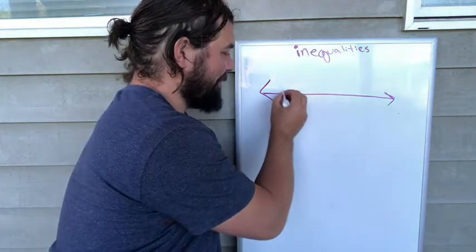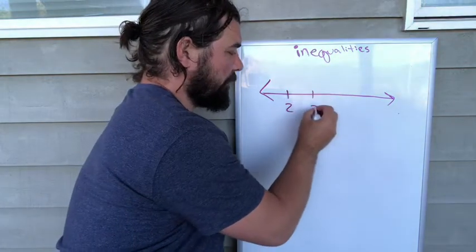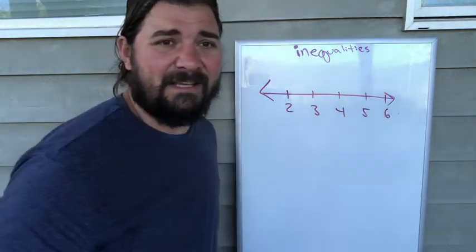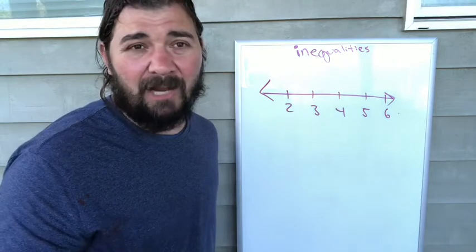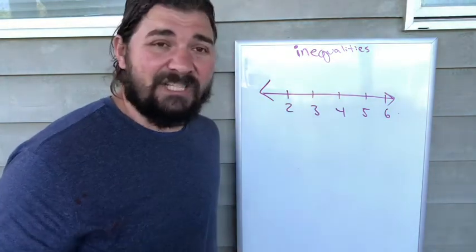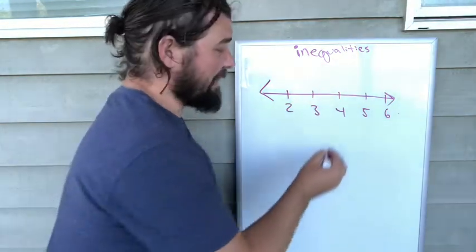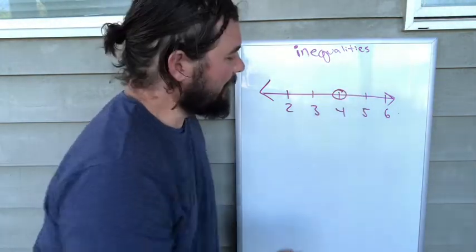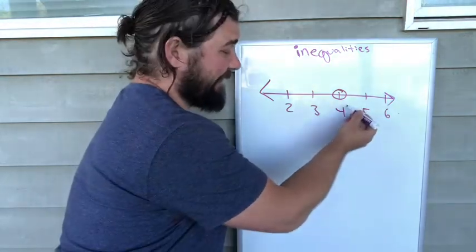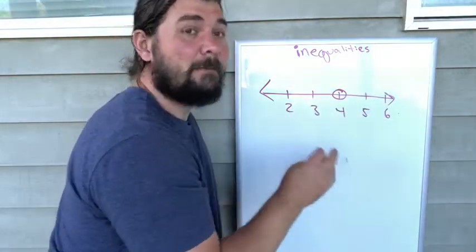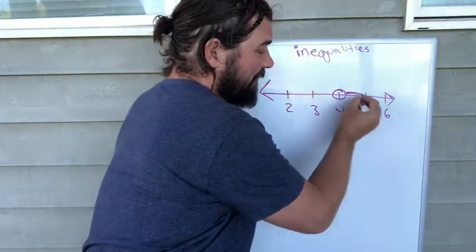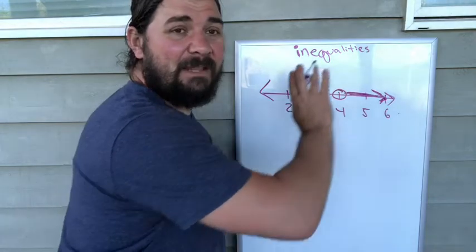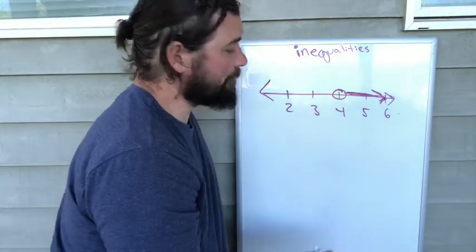Now, here I might have 2, 3, 4, 5, and 6. And these numbers represent how many bites of broccoli my daughter might eat. Now, I said she has to eat 4 or more. So what I do is I locate 4 on the number line, and I make a little circle. And then, is she going to be able to eat less than 4 or more than 4? Well, it's got to be more, so I make a little line here with an arrow signifying everything is included past 4.